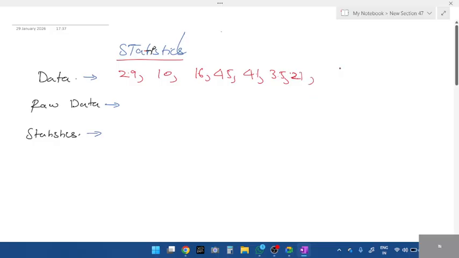Next 21, then again 33, 5. I'll take one more number, 10. So this is known as data.